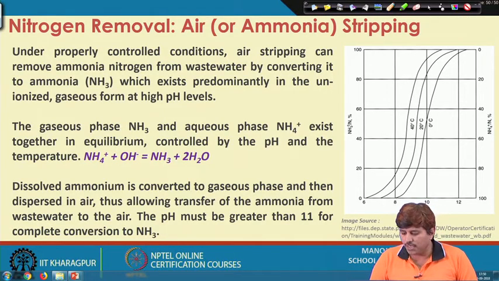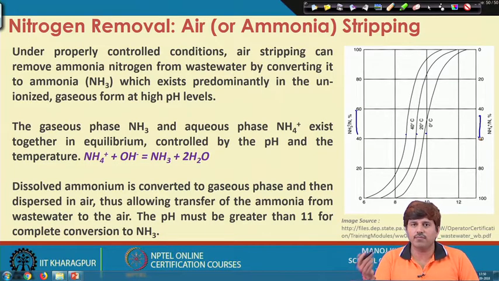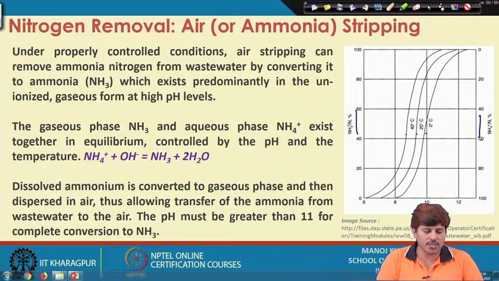So, depending on what the pH is and what the temperature is, we can see what fraction of ammonia or what fraction of ammonium ion will be there in the water.